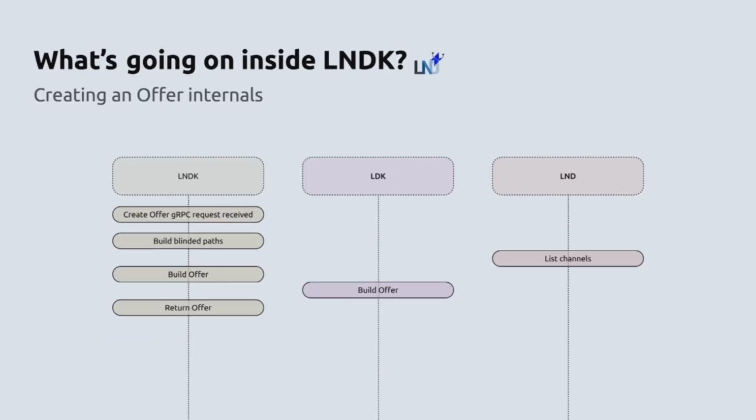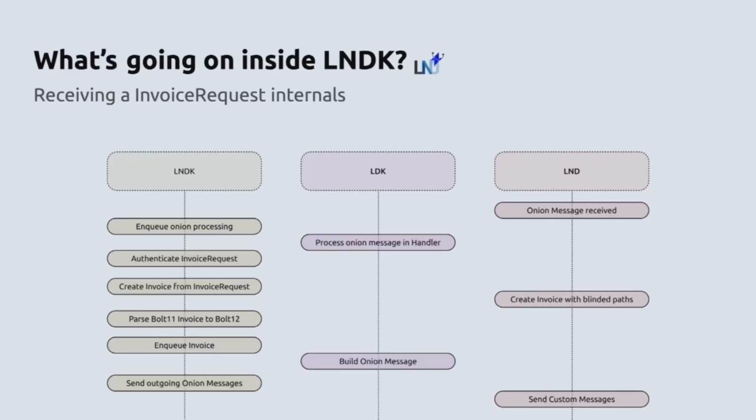And whenever we receive an invoice request through the onion message, we queue the onion processing. The onion processor will know that we are receiving this, they are asking for an invoice. We should authenticate the invoice request with the trick that I already told you. We then create an invoice for the invoice request.